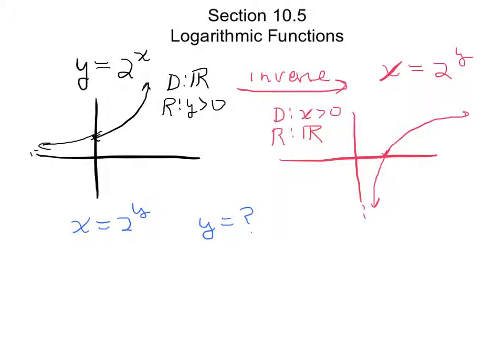And so when presented with that problem, what mathematicians do is just invent some new terminology. So we say that if x is equal to 2 to the y, that's exactly the same thing as saying y equals, and here it is, log base 2 of x.